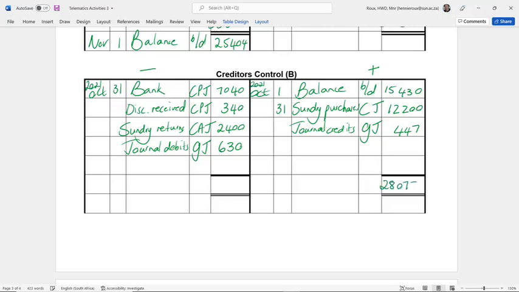Once again, if your creditors control ends up with a debit balance, you know somewhere you made a mistake. 28,077 minus those will give you the balance. Carried down 17,667 and after October is November, and the balance brought down 17,667.